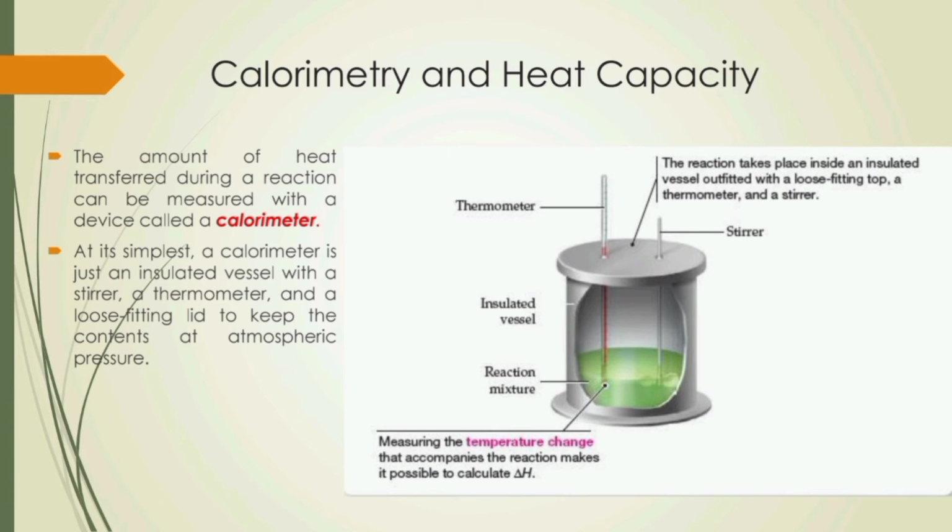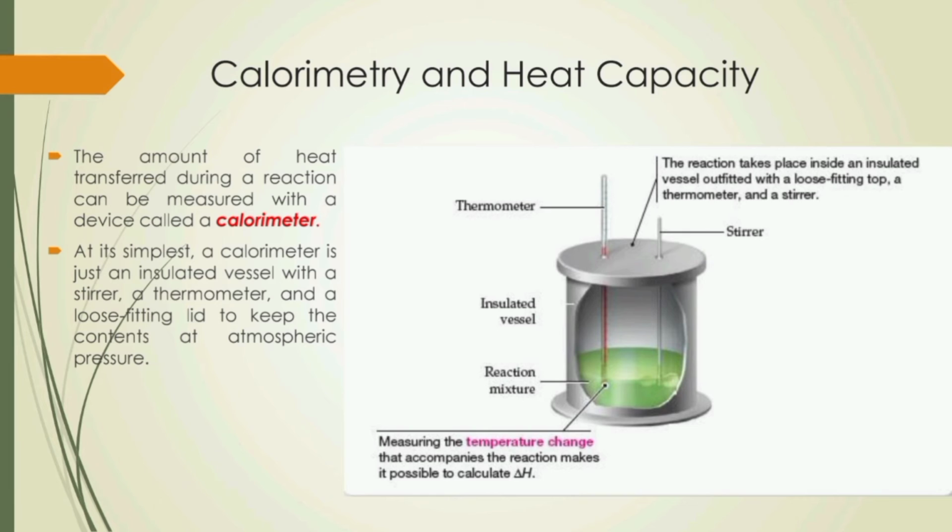As we see here, a calorimeter is just an insulated vessel which has a thermometer to measure the temperature and a stirrer to move the reactants, and a loose fitting lid that keeps the contents at atmospheric pressure. So the reaction that takes place inside is insulated by the vessel and outfitted with a loose fitting top, a thermometer and a stirrer, which completes the calorimeter.